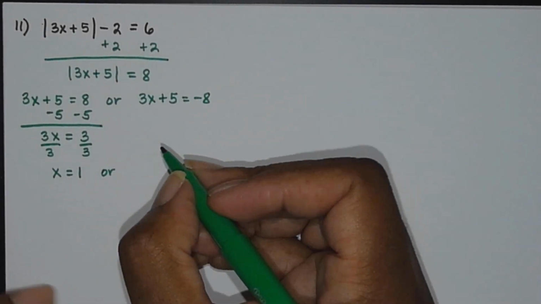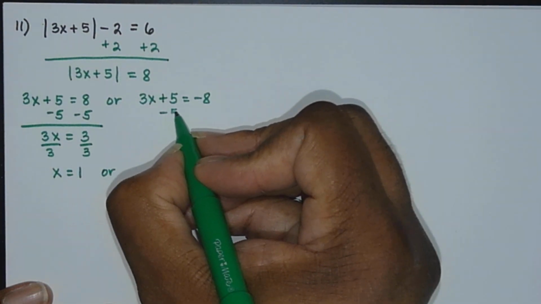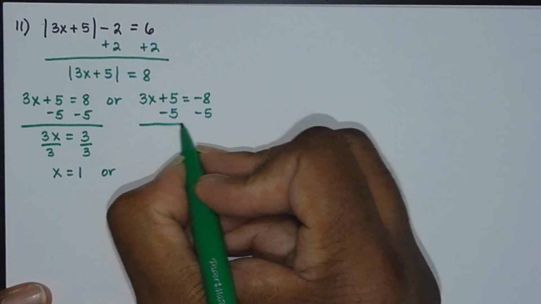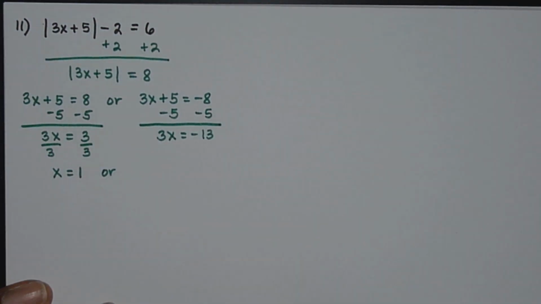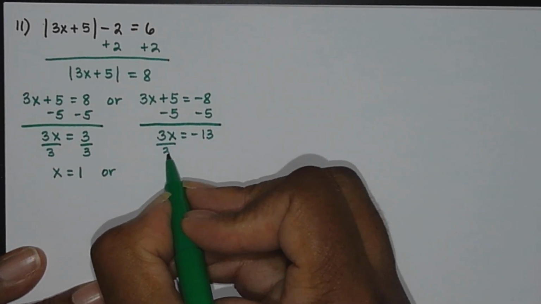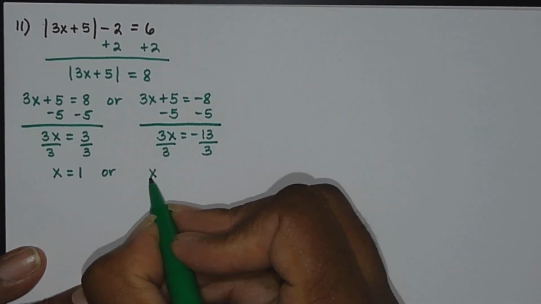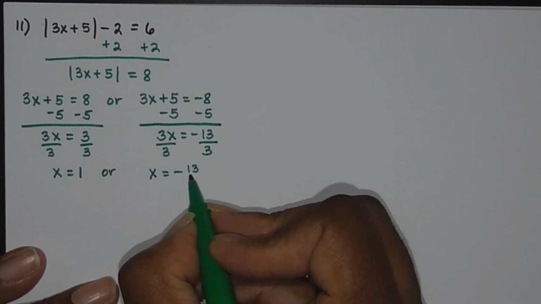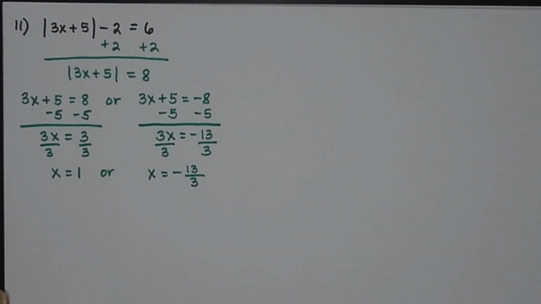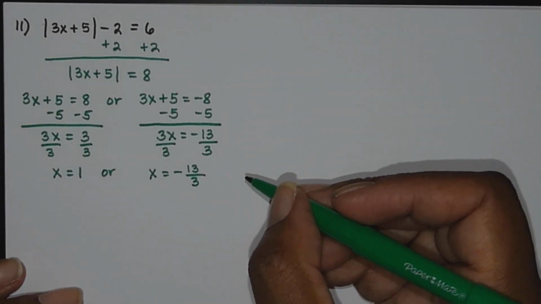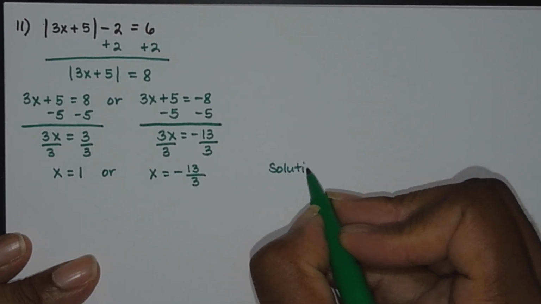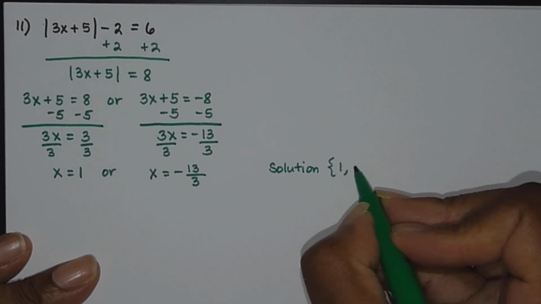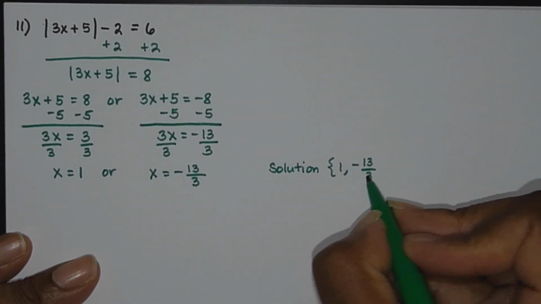Or for the 3x plus 5 equal negative 8, now if I subtract 5, this time 3x would be equal to negative 13. Divide both sides by 3. X will be equal to, and I'll leave this as an improper fraction, negative 13 over 3. So that means my solution set here will be just 1 and negative 13 thirds.